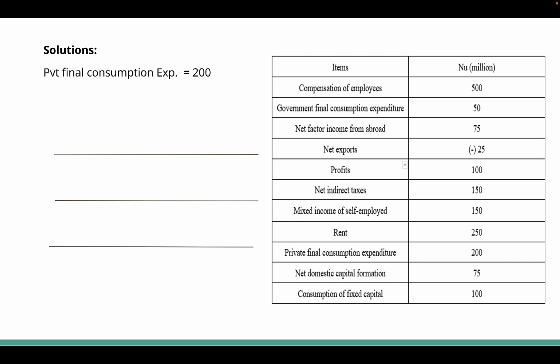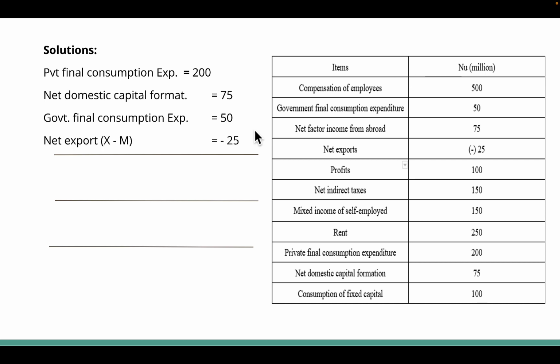The first one is private final consumption expenditure. What is its value? 200. The second one is, instead of investment expenditure, they have given it as net domestic capital formation, which is equal to 75. The third one is government final consumption expenditure, 50, and the last one is net export.